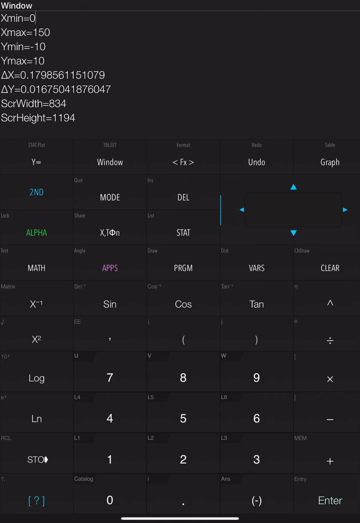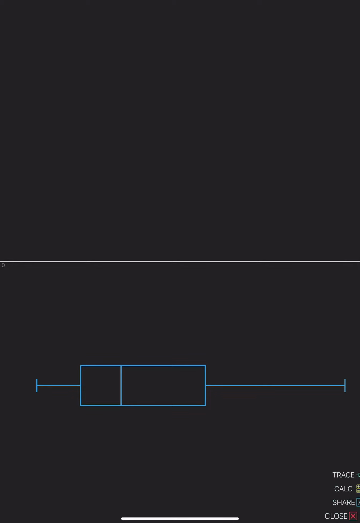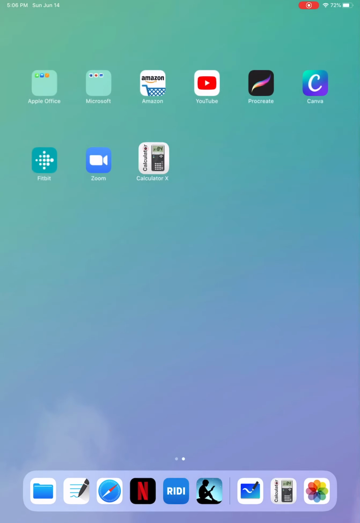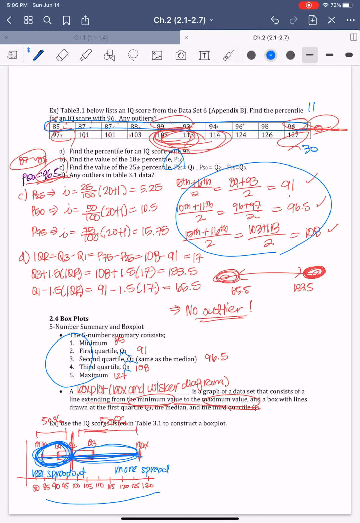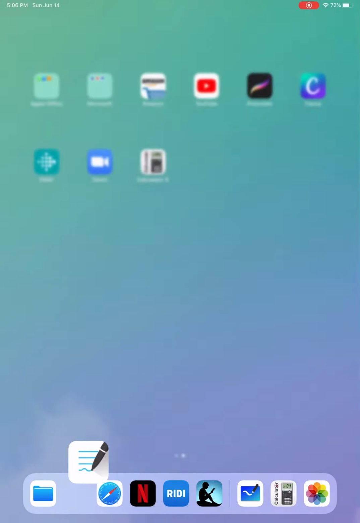So I adjust the X value. If you want to, you can adjust even more, let's do 80 to 130, just like we did in the lecture notes. And you can even adjust this one to -5 to 5 to make it more zoomed in. Graph. There you go. You can see the box plot that we created matches up with our notes right there. Okay. So you can use a graphing calculator to also do that.